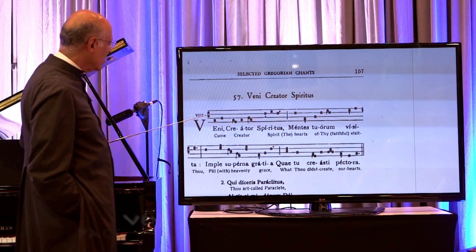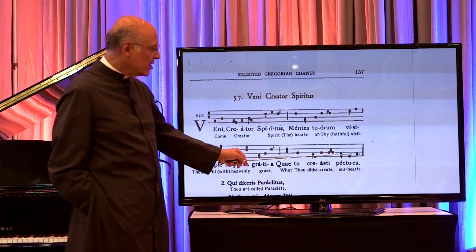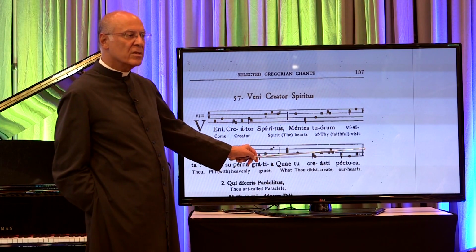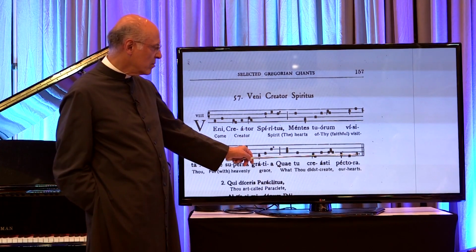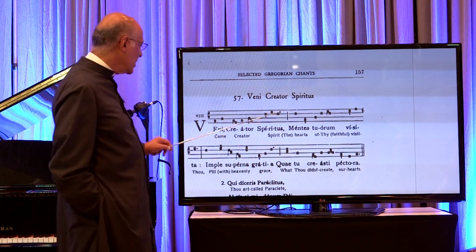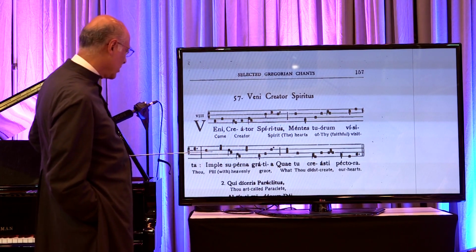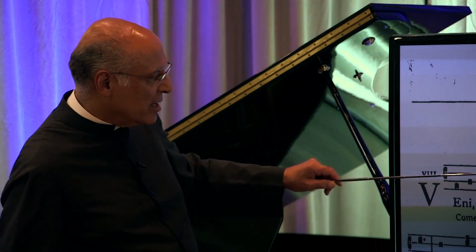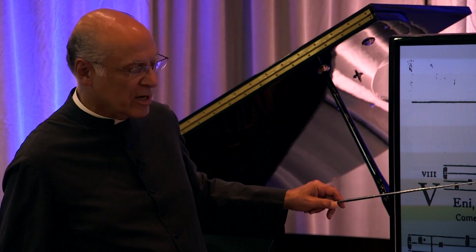You see our C clef on the third line. It ends on G, which is true to form, because it is the final of this mode. And you see that it's not so much underneath, but it doesn't go terribly high. You see the prominence of the note C, which is the tenor or the dominant note.